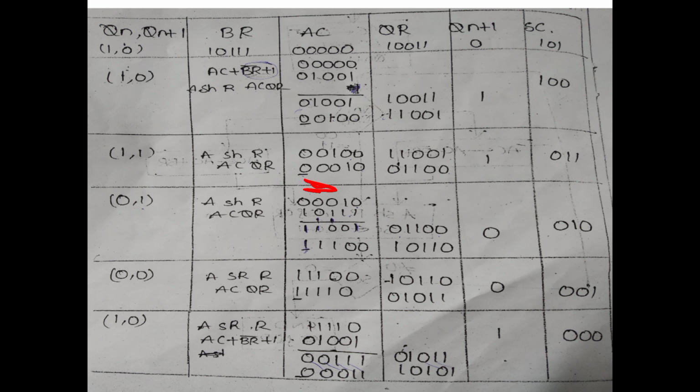After performing the arithmetic shift right operation, we decrement the sequence counter. Before, the sequence counter is 4; after decrementing, the sequence counter is 3.